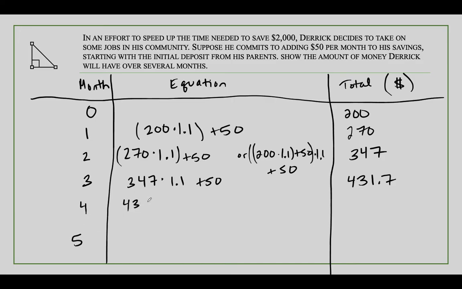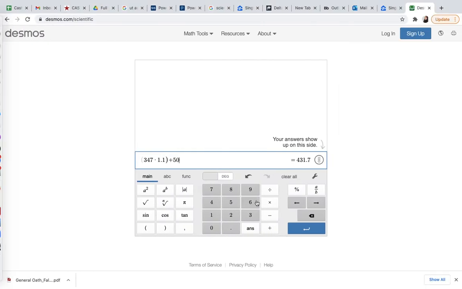Let's do 2 more. So 431.7, 70 cents, times 1.1. I'm going to put parentheses here because that's what you do first. Plus 50.